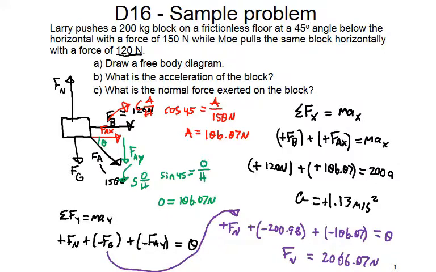With the acceleration of the block, we have the force applied in the x plus the normal force divided by 200. So that's the acceleration in the x. For the normal force, 200 kilograms times 9.8, that's acting downwards. And then we have the force applied in the y, which is downwards, both acting downwards, 2066.